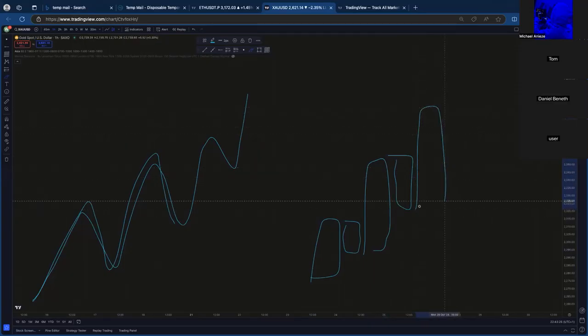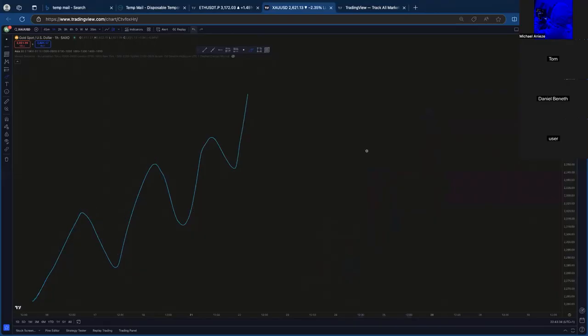But this is not how price action works, right? So you have to look out for how all these things actually work.